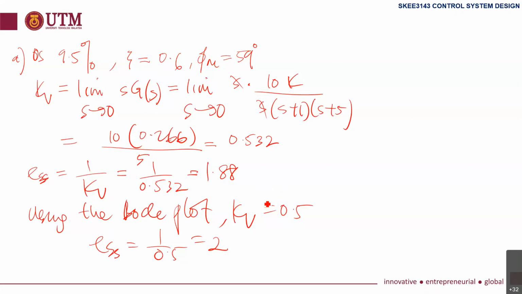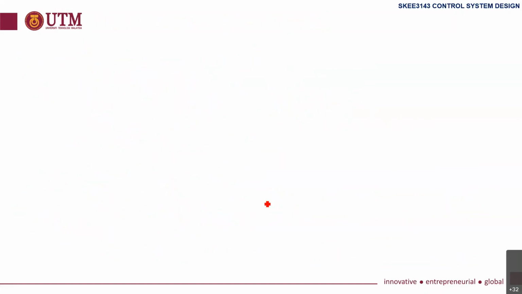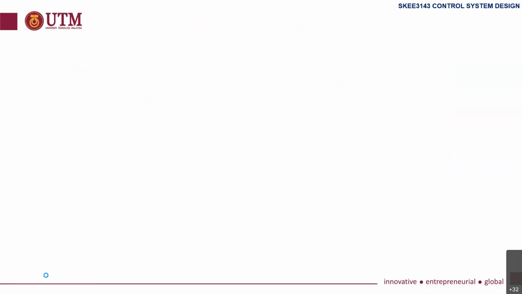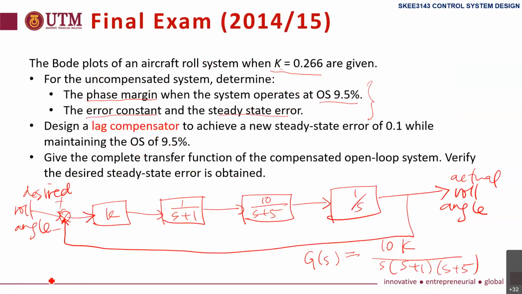With the Bode plot, we need more accurate data for the value to be accurate. The graph also, but we will accept within a certain range. So that is the first question regarding overshoot 9.5% and also error.